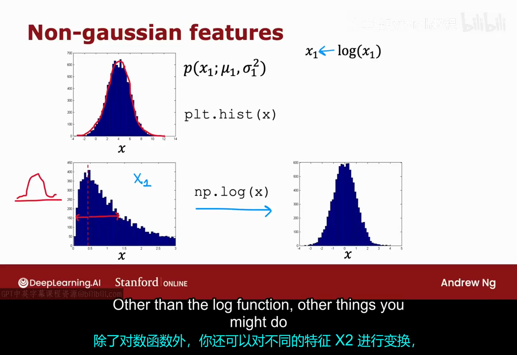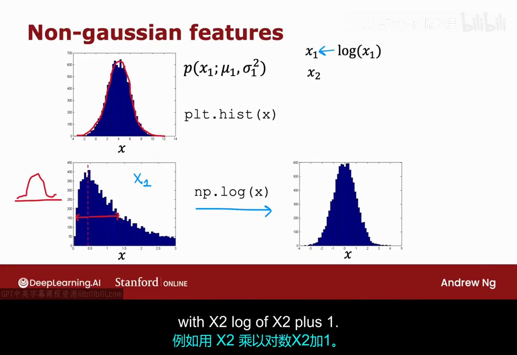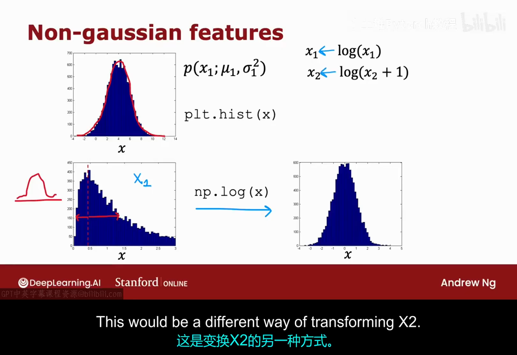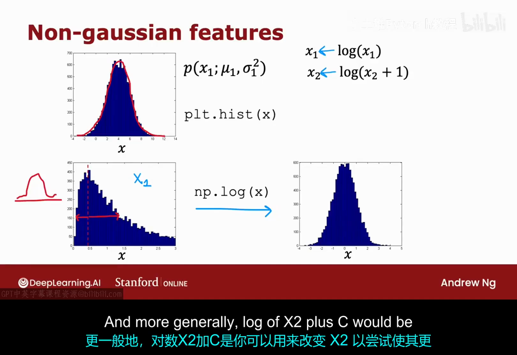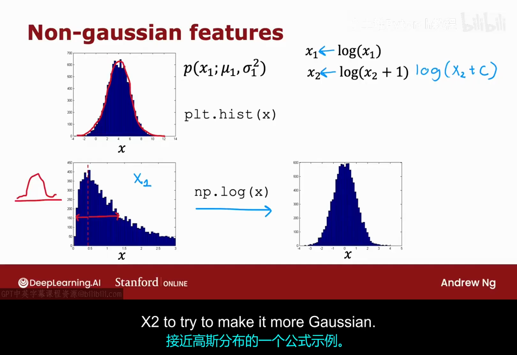Other than the log function, other things you might do is, given a different feature X2, you may replace it with log of X2 plus 1. This would be a different way of transforming X2. And more generally, log of X2 plus C would be one example of a formula you can use to change X2 to try to make it more Gaussian.